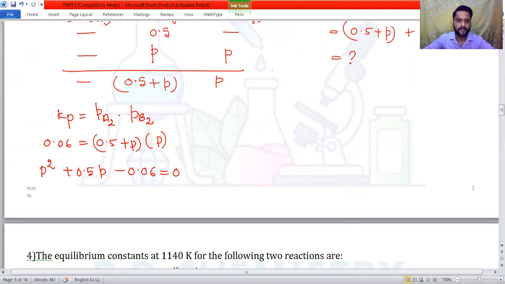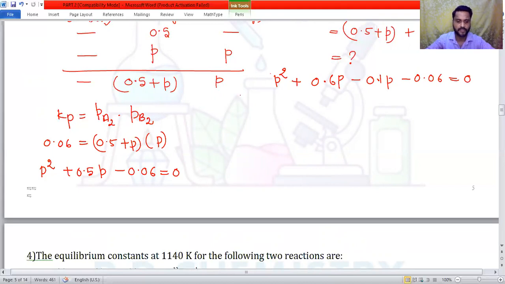So this can be written as P square plus 0.6 P minus 0.1 P minus 0.06 is equal to 0.